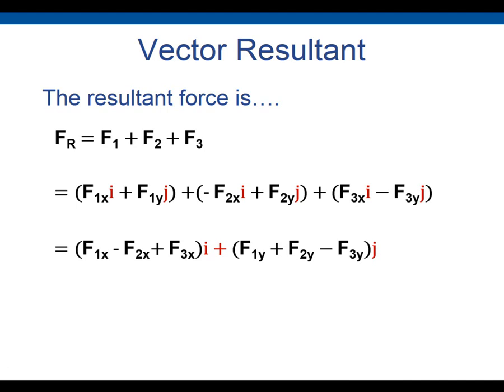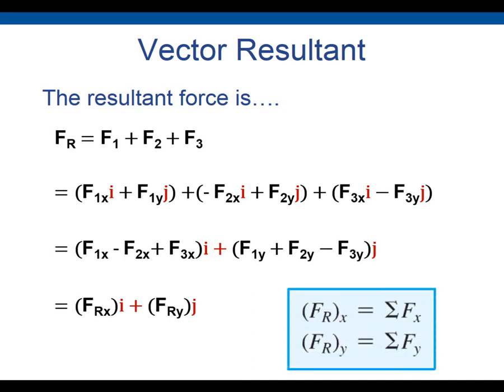We can simply add or subtract the x-axis and y-axis components separately. This is the most important concept of the Cartesian notation, which means you can just sum up all the x-axis components together and the y-axis components together to find the resultant force. Okay. The resultant force is like this.